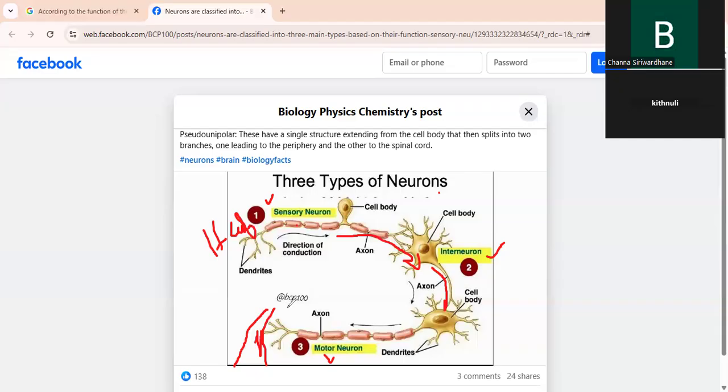That final duty of getting it away from the heat is done by the motor neuron. It is sensed, then goes through the interneuron to the motor neuron. The interneuron is between the sensory neuron and the motor neuron.